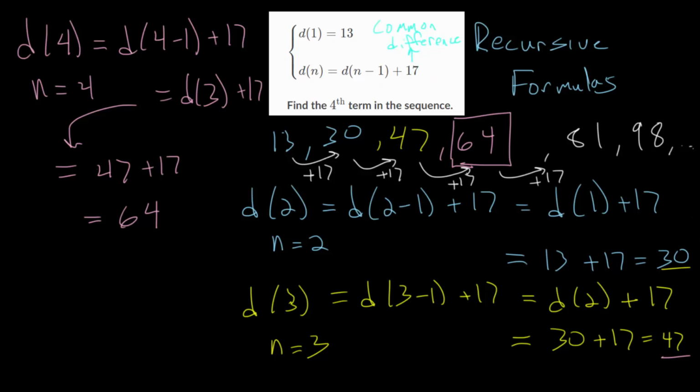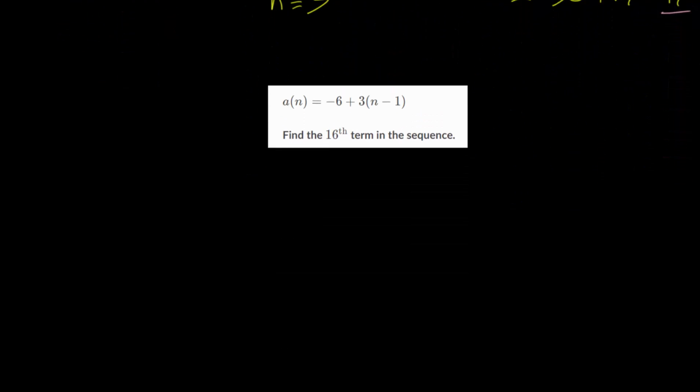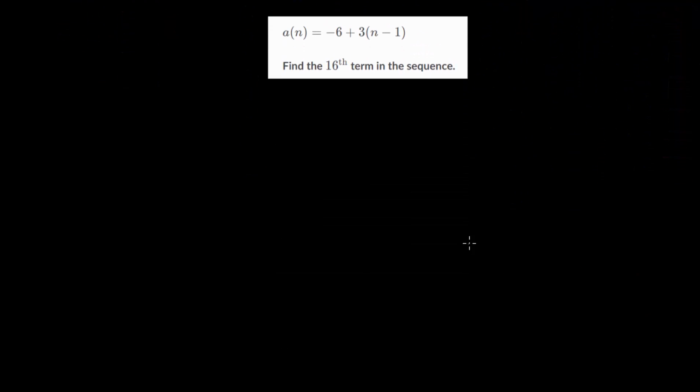So let's take a look at an explicit formula, just to get the hang of using both of these types of formulas. So this one, we want to find the 16th term in the sequence. And like I mentioned, these are called explicit formulas. You'll recognize these explicit formulas when they're asking for a specific term in the sequence, and they just give you a formula for it.